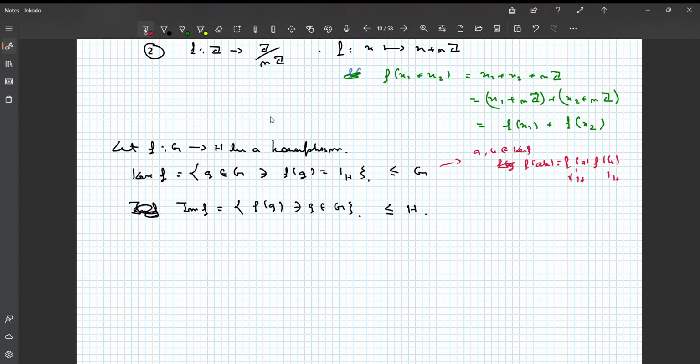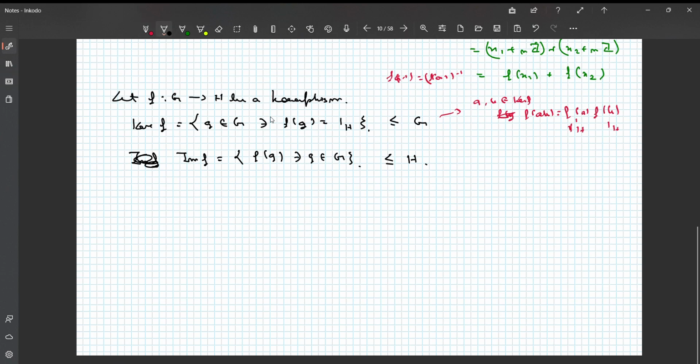That means ab is also in the kernel. And the inverse is also pretty trivially noticed, because we know f of a inverse is nothing but f of a, whole inverse. So the inverse of 1_H is again 1_H. Similarly, we can prove that the image, or I should say Im f, is a subgroup of H. Clear? Okay.